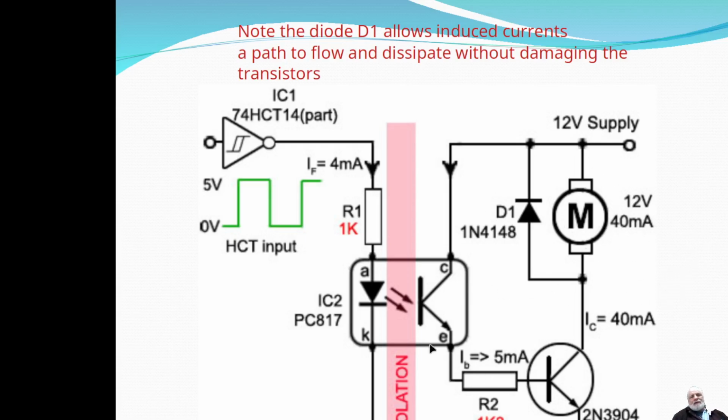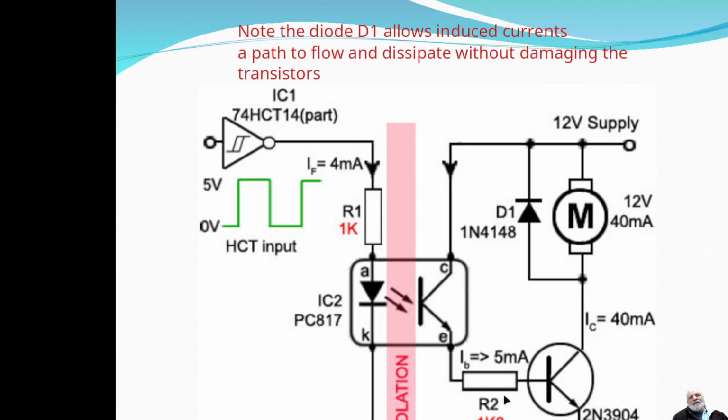In the power circuit, we're using the opto isolator to drive a BJT transistor that is then going to allow current to run through the motor.